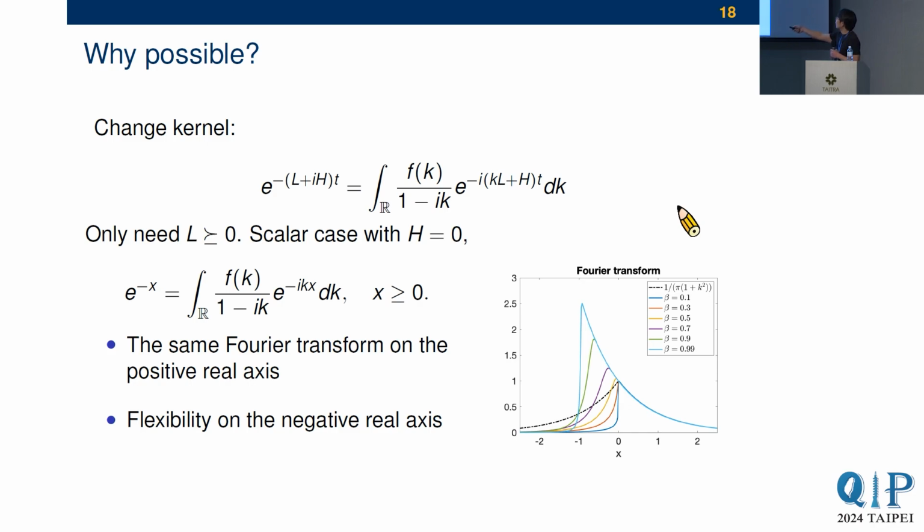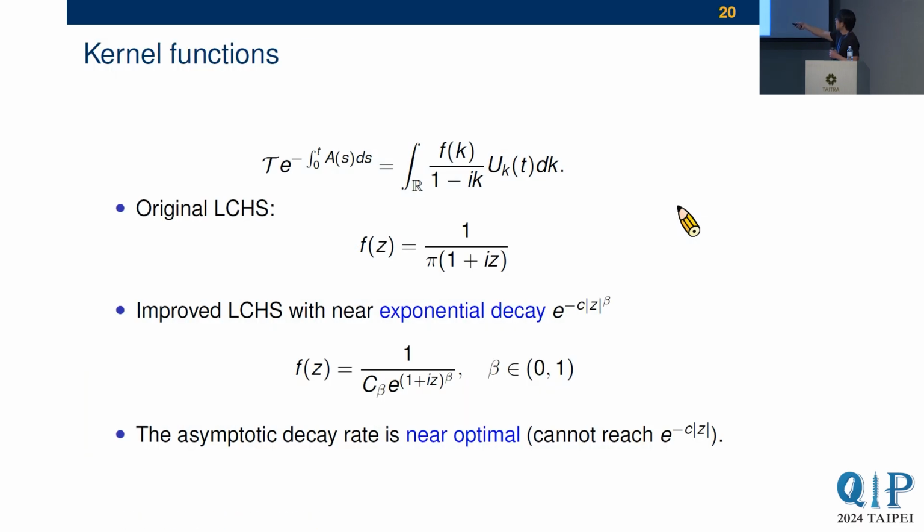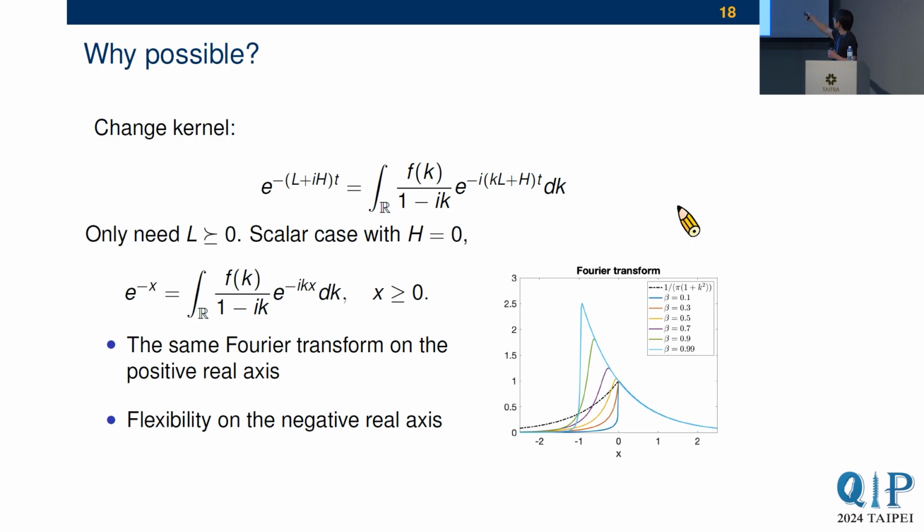What is shown here is that beta goes from 1 to 0.99. You cannot reach 1. They are all exactly equal to e to the minus x. That's what you want. On the left half of the real axis, and also elsewhere in the left half of the complex plane, it just goes pretty wild. So that's where it is used.